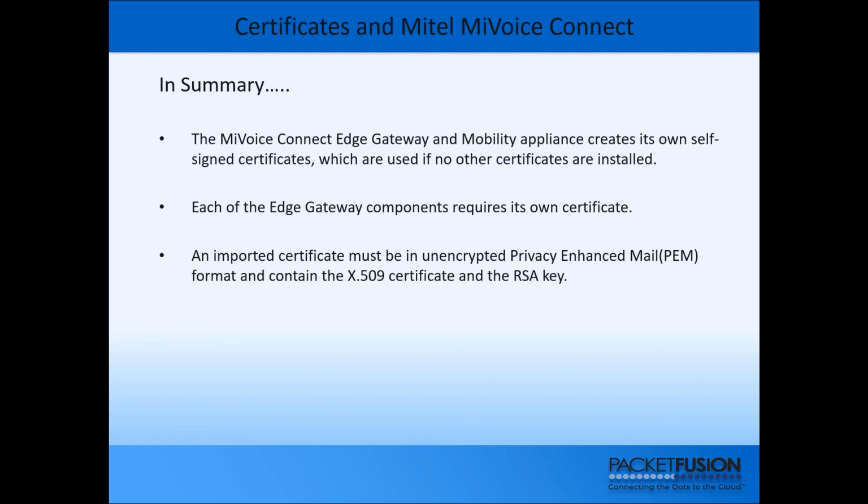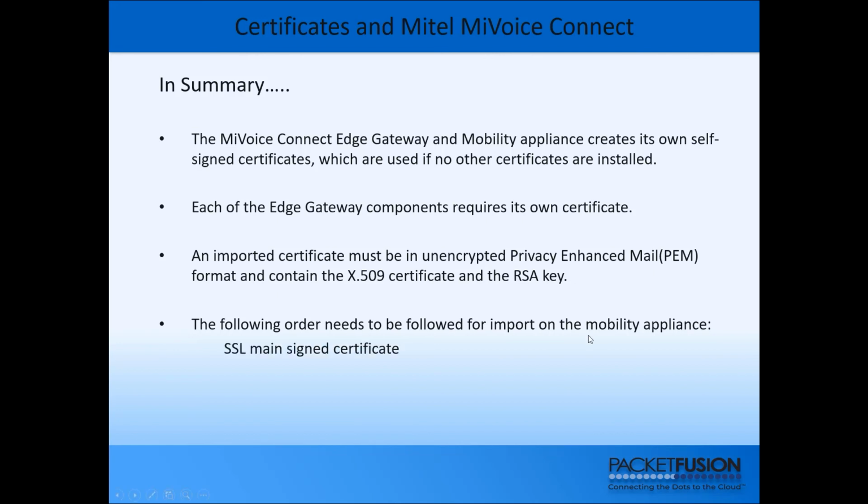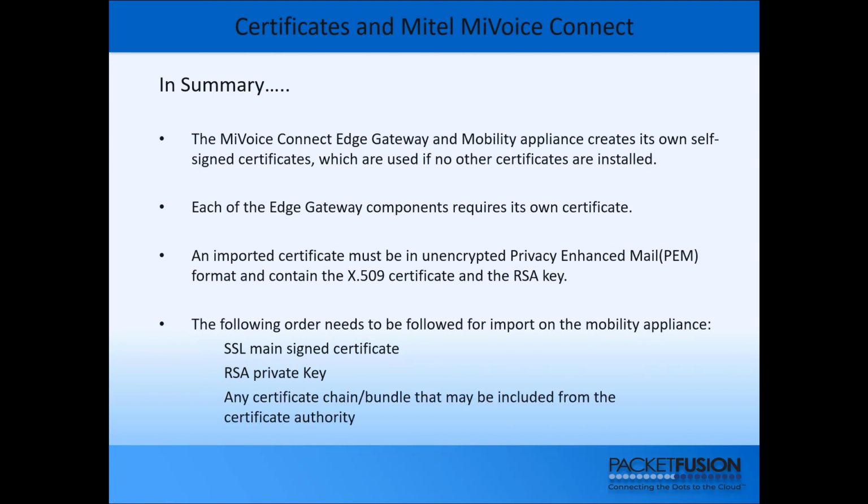And finally, the following order needs to be followed for import of the certificate on the mobility appliance. You need to have the SSL main certificate first, followed by the private key, followed by any certificate chain or bundle that may be included from the certificate authority.